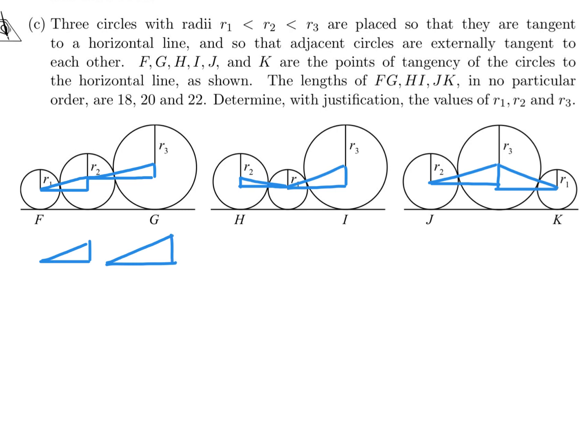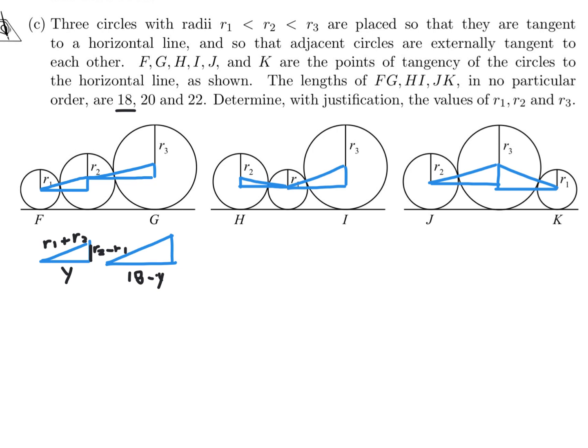When you label them on this guy, it's R1 plus R2. And then this, I don't know, I'm just going to call it Y. And this is R2 minus R1, I believe, this side right here. And then this triangle, it's 18 minus Y, right? Because from F to G is 18.